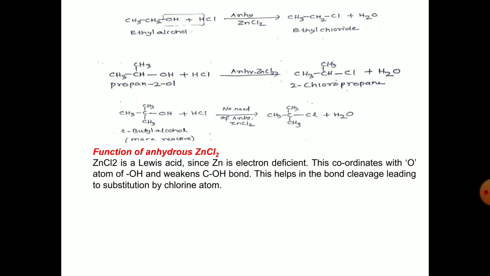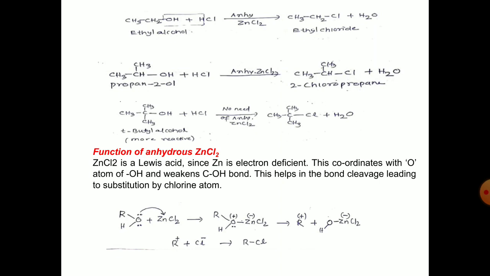ZnCl2 is a Lewis acid since Zn is electron deficient. This coordinates with the oxygen atom of OH and weakens the C-OH bond. This helps in the bond cleavage leading to substitution by chlorine atom. I am giving you the structure. ROH plus ZnCl2: the electron pair of the oxygen atom will go to ZnCl2 because it is electron deficient.